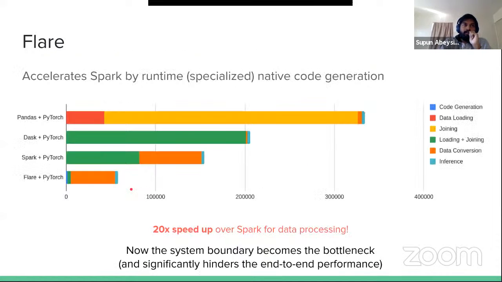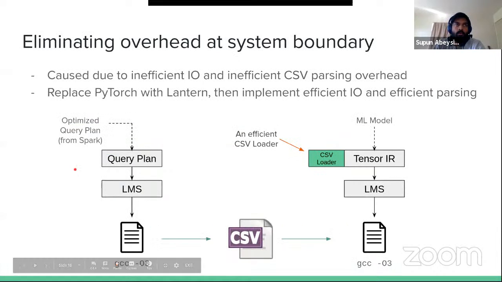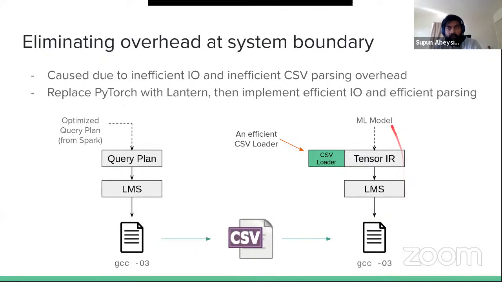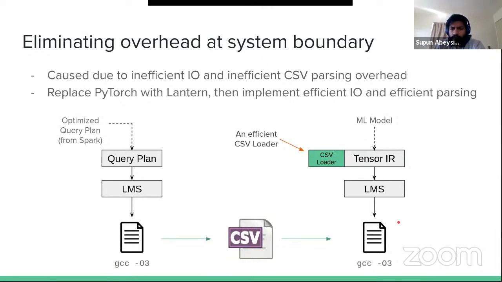So we can try to eliminate this system boundary overhead. This is caused by inefficient IO and inefficient CSV parsing overhead. So instead of using PyTorch here, we can replace it with Lantern. We have seen that Lantern uses LMS to do runtime native code generation.